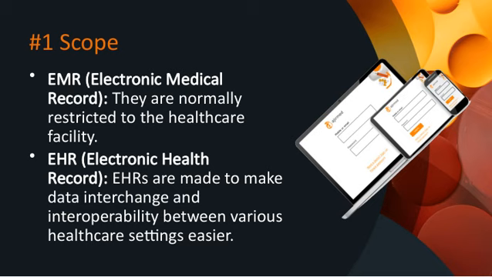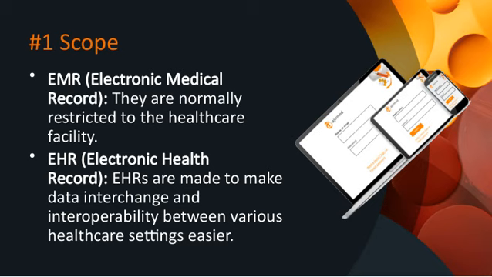On the other hand, we have the EHR, or electronic health record. EHRs are designed with interoperability in mind. Their goal is to make data exchange between different healthcare settings much easier. This means that if a patient sees multiple providers or moves between hospitals, their health information can be shared seamlessly.